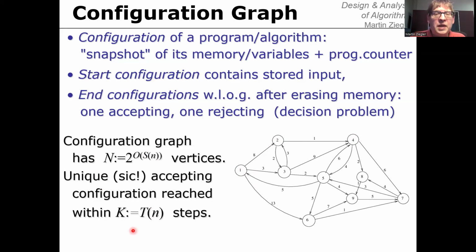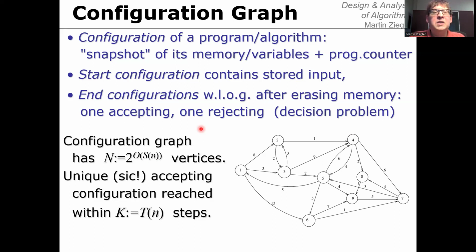Well, actually, there are many end configurations, namely the program can end with many possible memory configurations, but it is no loss of generality to suppose that our algorithm, just before terminating, erases its entire memory, so that when the program ends, the end configuration is all the same except for one small difference, namely the accepting or rejecting bit.